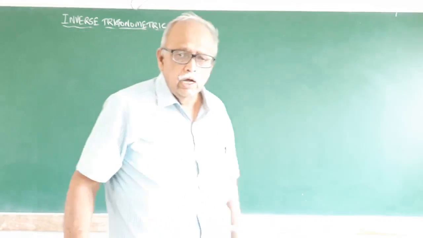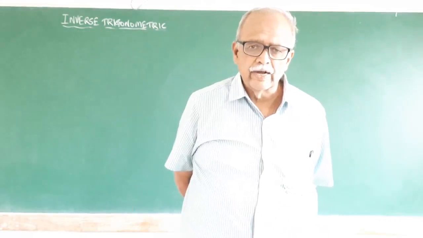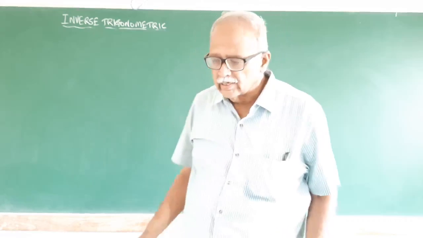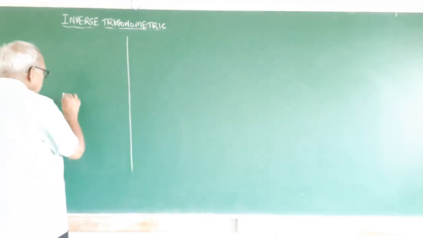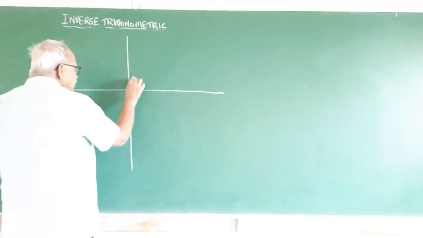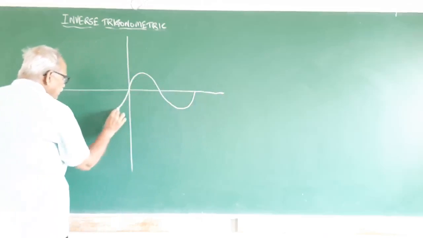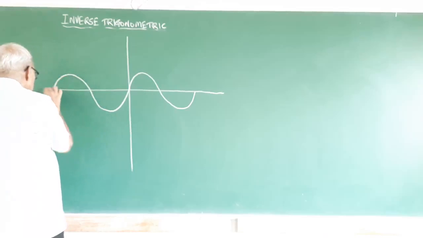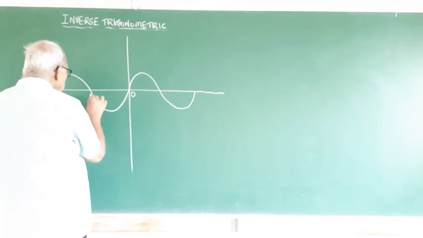Now see, I am going to draw both the graphs, the sine function graph and the sine inverse function, in the same x and y axis plane. First the sine function. This is the y axis and this is the origin.